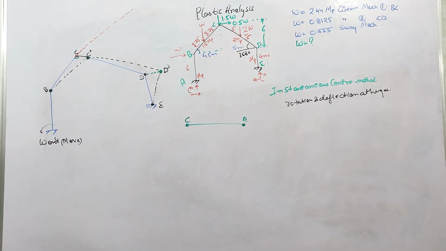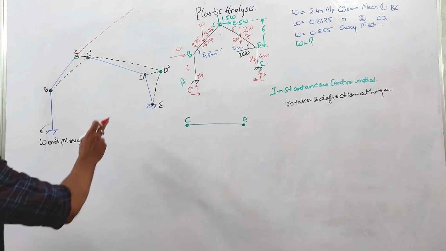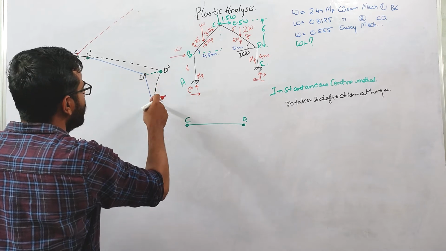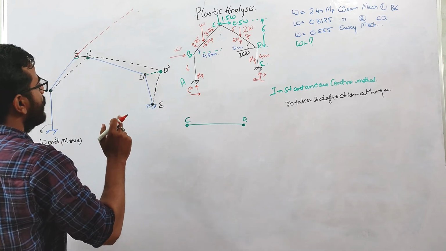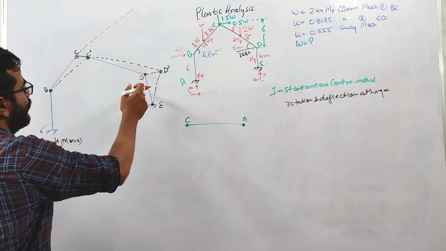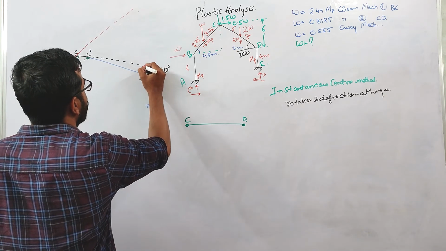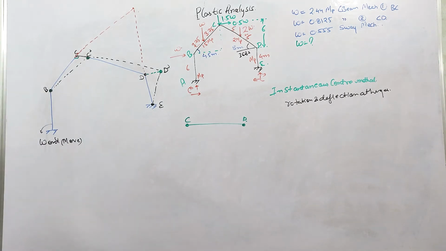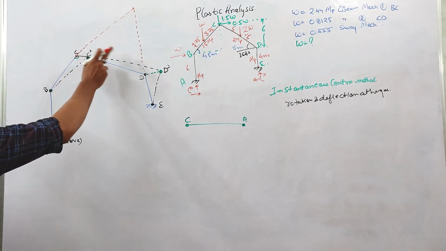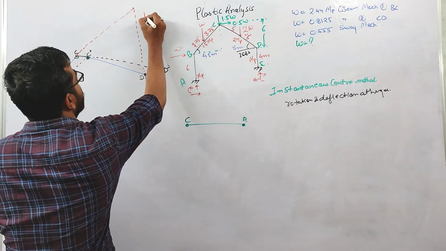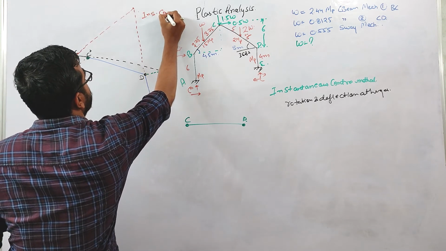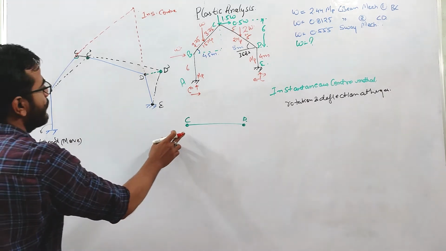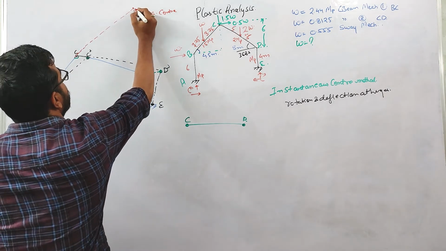Similarly, this joint is moving perpendicular to this D axis, so for this member again the center of rotation will lie along this axis. Where these two axes meet, that point we define as the instantaneous center. As a whole, this member is rotating about this instantaneous center.